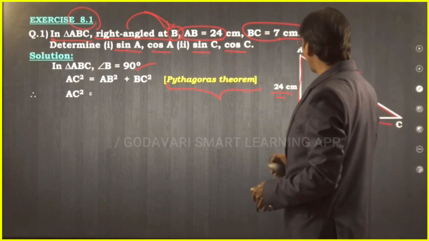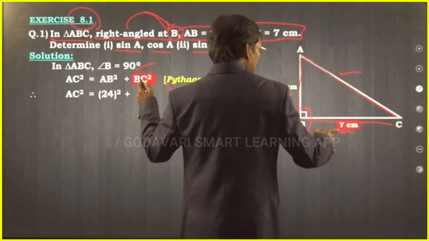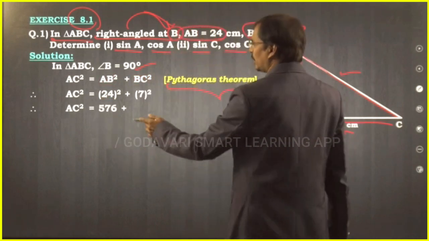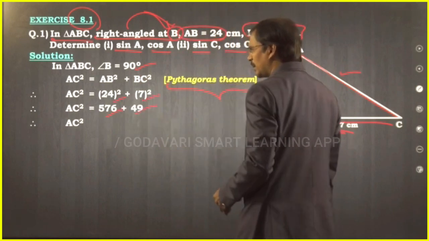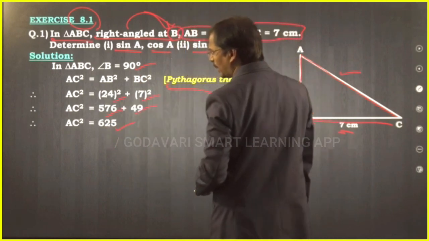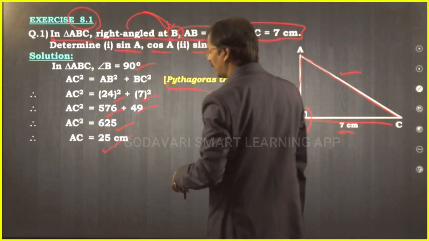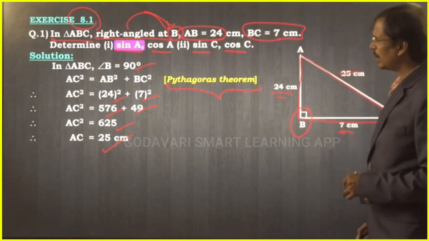AB is 24 squared, BC is 7 squared. So AC square is 576 plus 49, the total is 625. AC square is 625, that is AC is 25 centimeters. That means the hypotenuse is 25 centimeters.